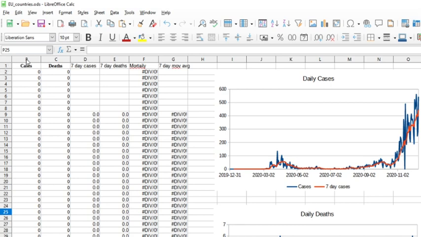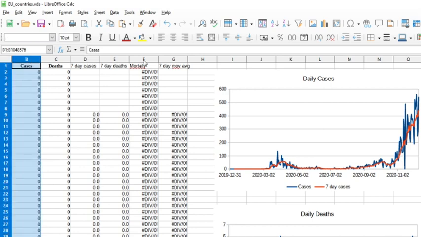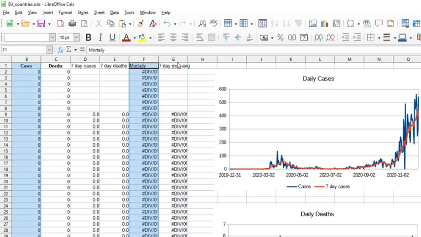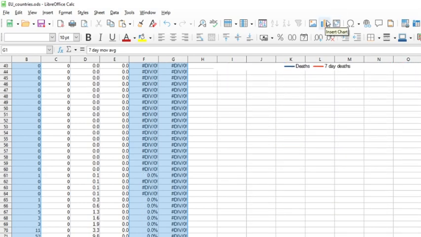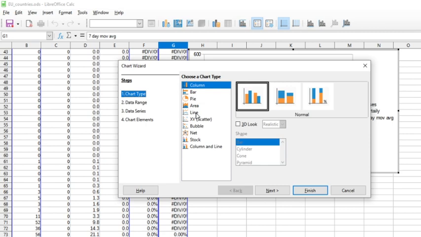So now finally, let's plot the mortality rate, and on top of the mortality rate, let's plot a 7-day moving average of the mortality rate.